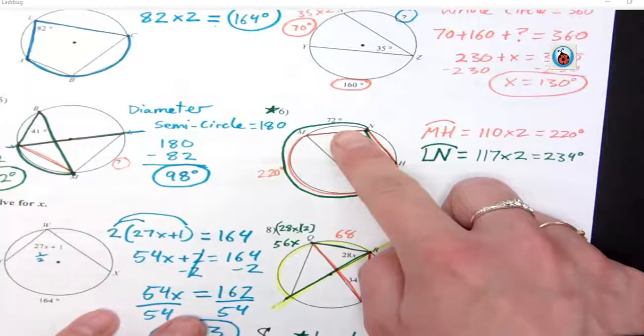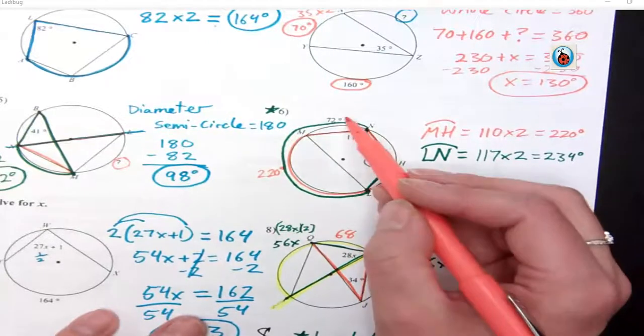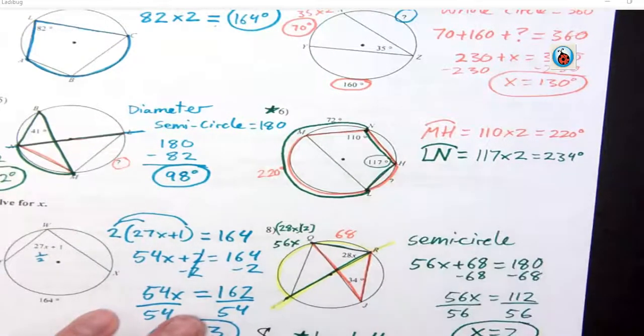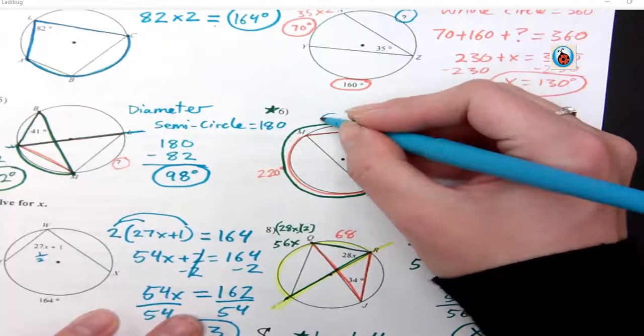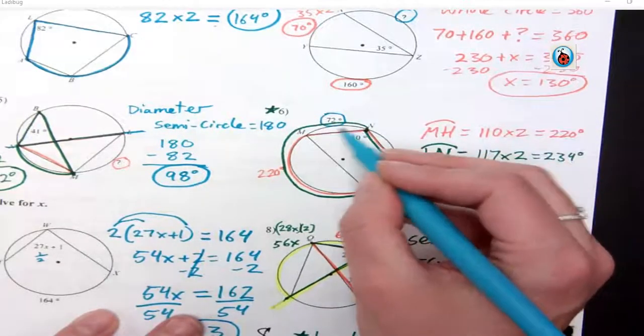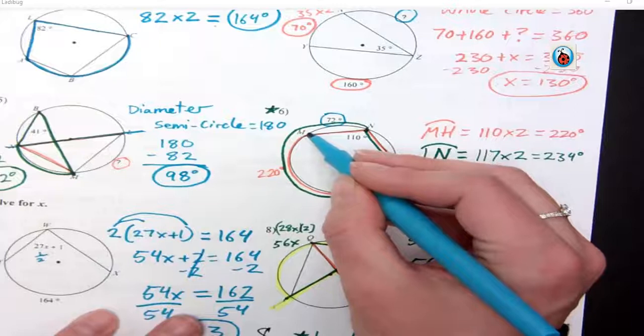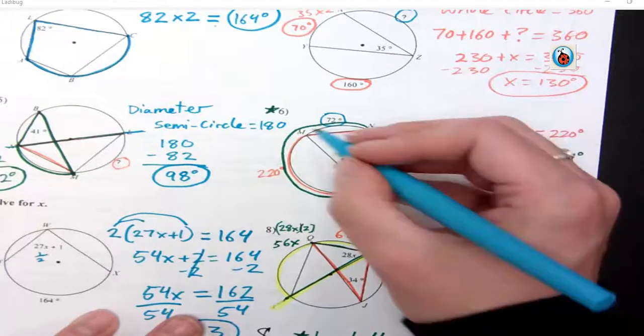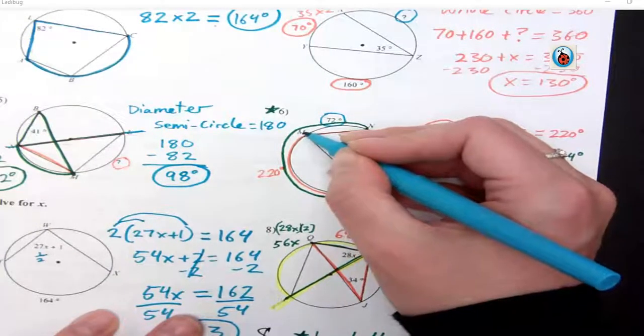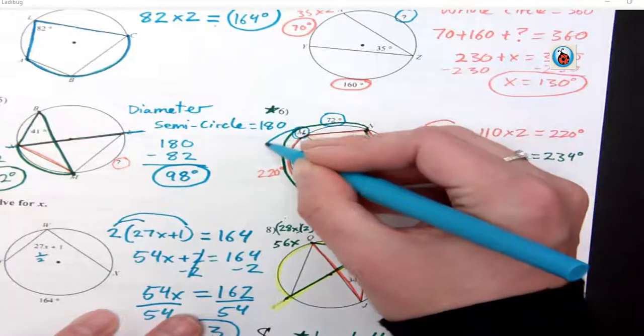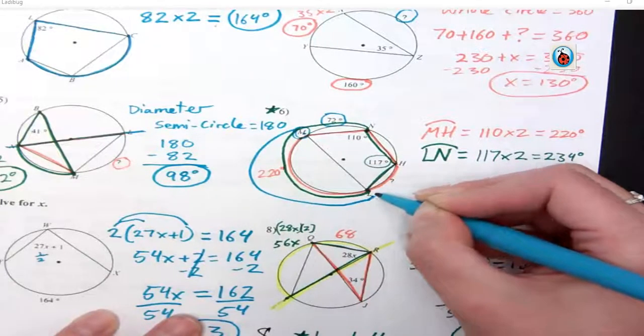Now I have 72. So 72 is already an arc. And so that's going to help me figure out, I can subtract the 72 from my whole LN and just figure out what MN is. So if I want just ML.